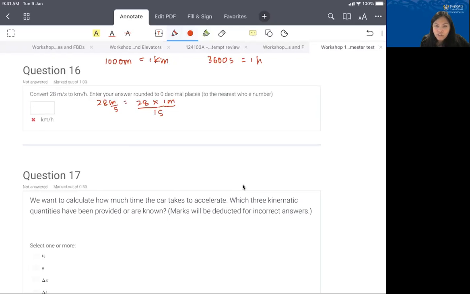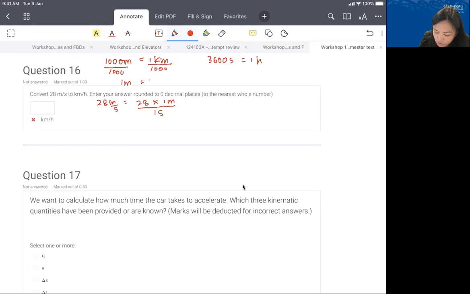So you need a conversion factor of 1 meter is to how many kilometers, and 1 second equals how many hours. Looking at our conversion factor, we have 1,000 meters is to 1 kilometer, but we want 1 meter instead of 1,000 meters. That means we have to divide by 1,000 to get 1 meter on the left side, which means we also have to divide 1 kilometer by 1,000.